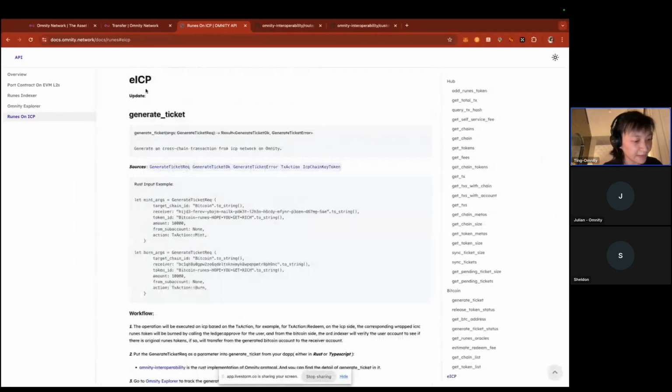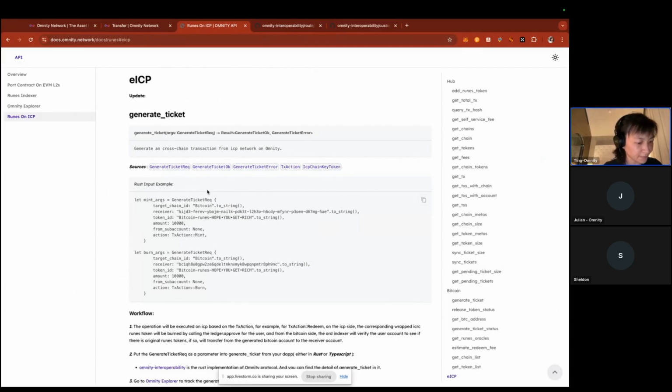And this action is actually a bit different because it is split into 2 transactions. So first of all, it will be ICP to Bitcoin first, and then Bitcoin to ICP.